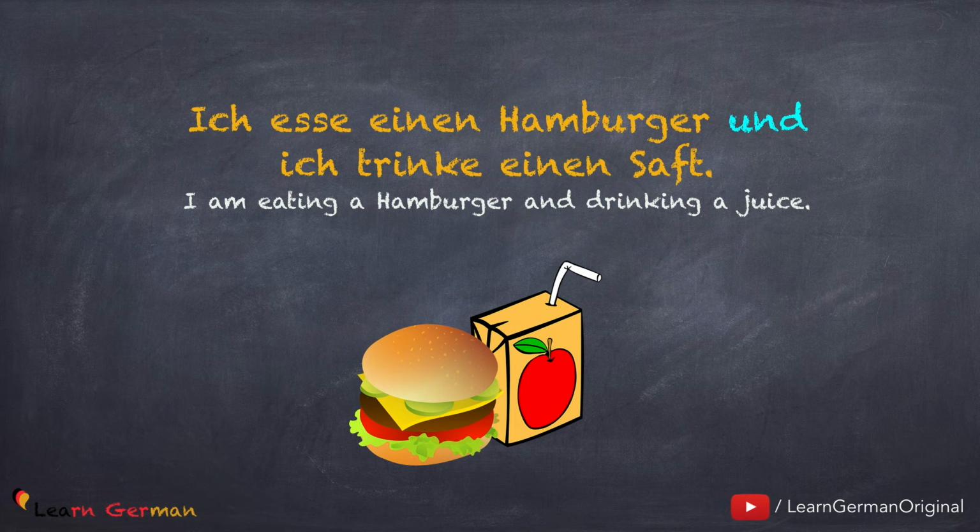Ich esse einen Hamburger, and the second Hauptsatz is ich trinke einen Saft. The position of the conjunction und remains null. In this case, the verbs are different, but the subject is the same. Hence, we remove the subject from the second sentence and we say: Ich esse einen Hamburger und trinke einen Saft.